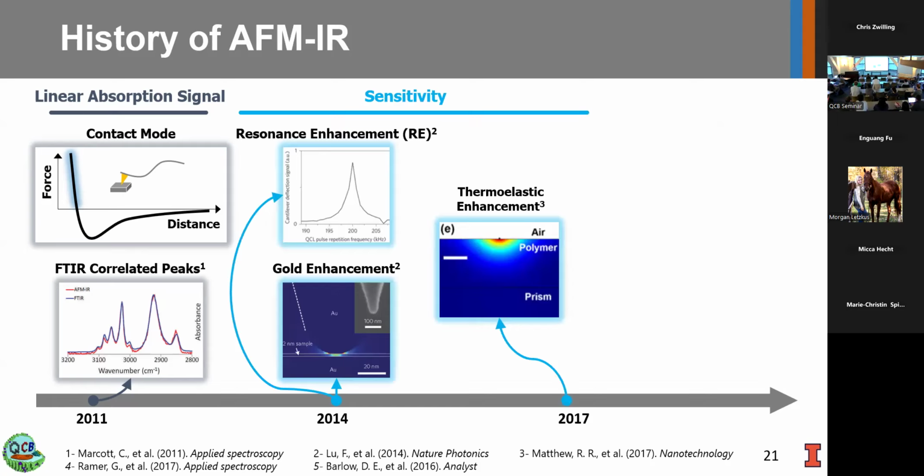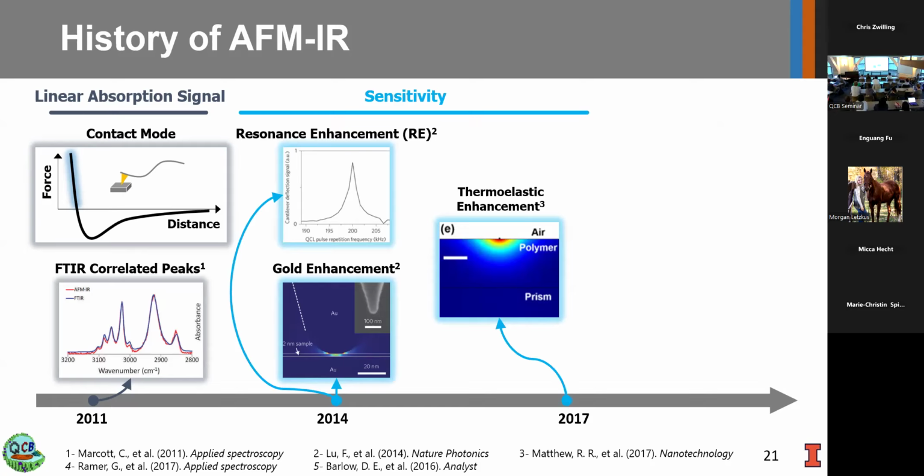Several reports demonstrate a number of ways to improve the sensitivity of this approach towards monolayer detection with enhancement factors such as electric field enhancements near the tip, cantilever mechanical resonance. So this is just a mechanical amplification of the measurements, or essentially insulating polymer layers with high thermal expansion coefficients.